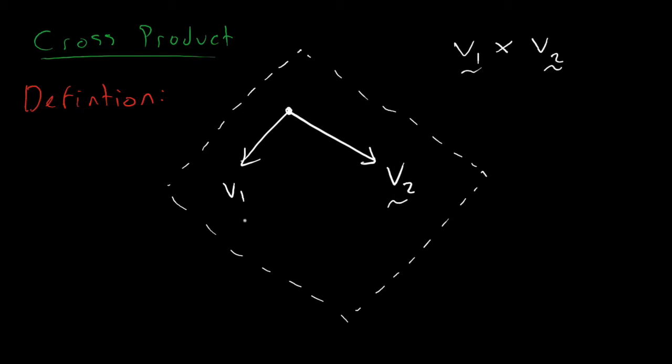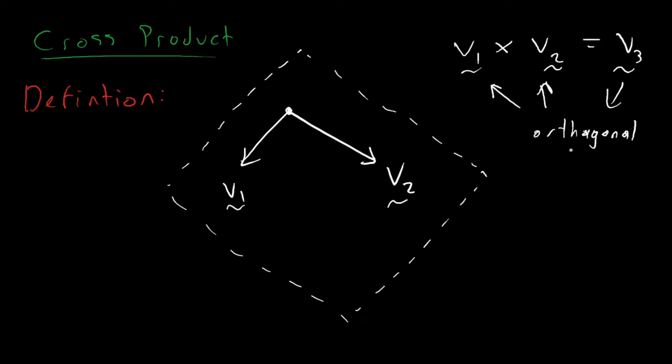Vector. Let's say that this produces v3. Well, this vector will be orthogonal to v1 and v2.